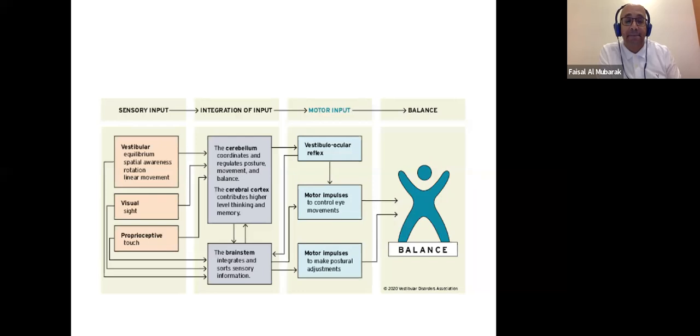The same thing happens with the somatosensory sensation. If I'm standing and I'm swaying, by my ankle joint or my knee joint or my hip joint or all the other muscles in my body, I can feel that my body is moving, by my proprioception sensation.